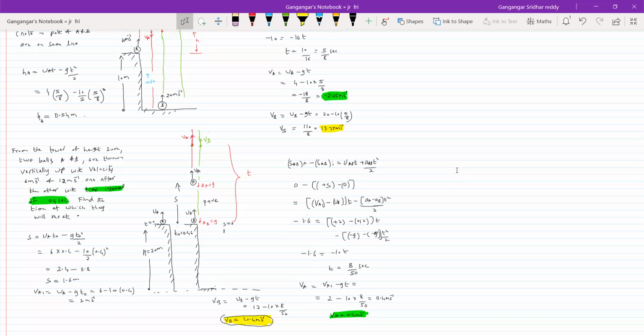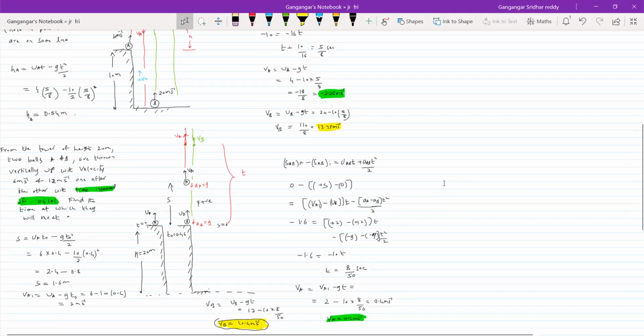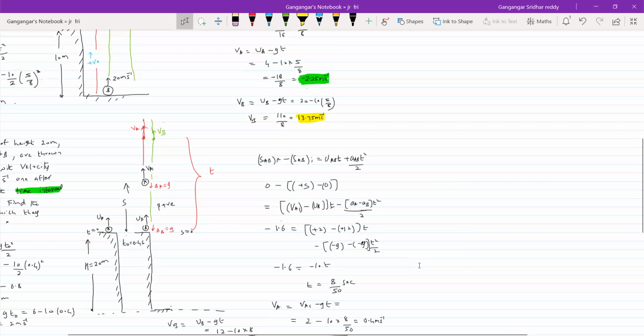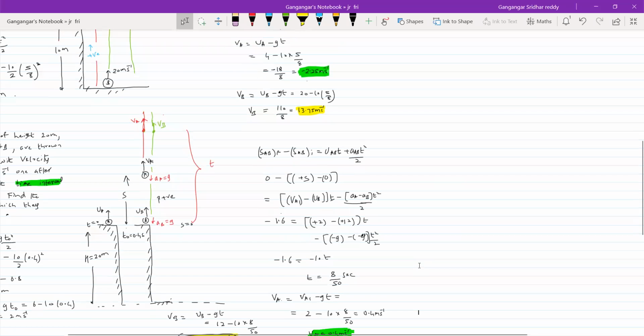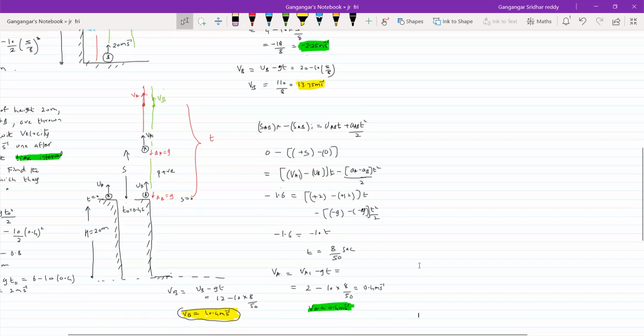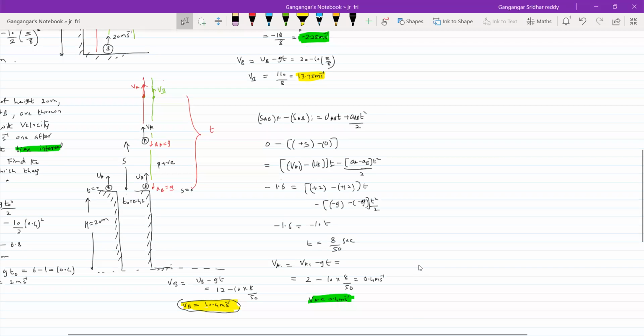If you're measuring from the projection of B, it should be T. Now at what height? We have to calculate the height. H is equal to, you can use any formula, UB T minus half GT square. The height at which they will meet.